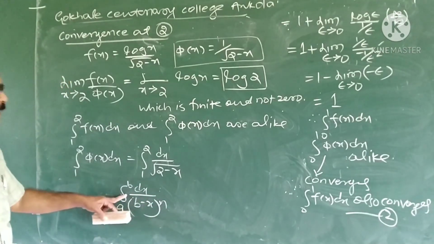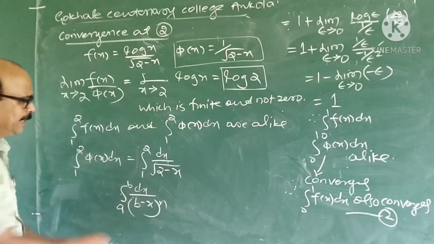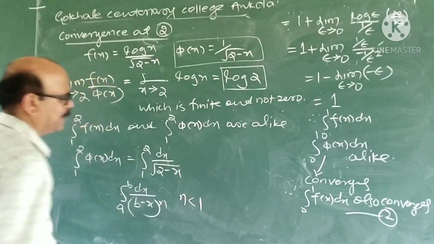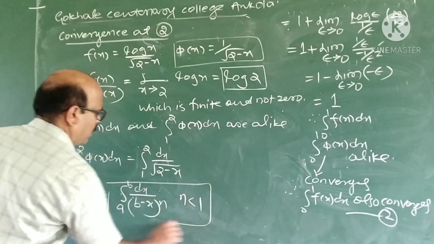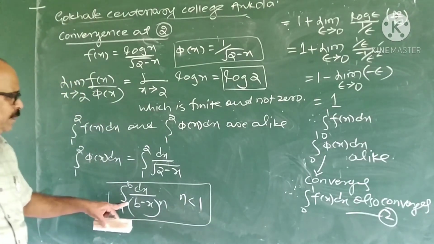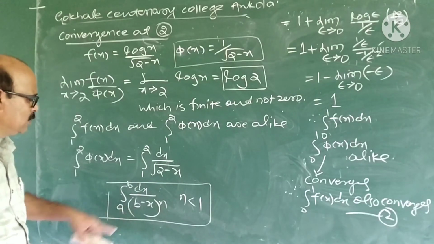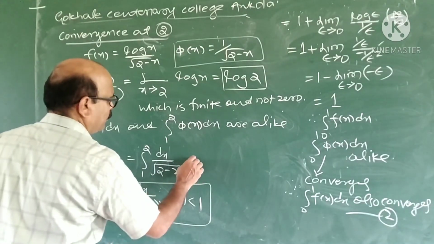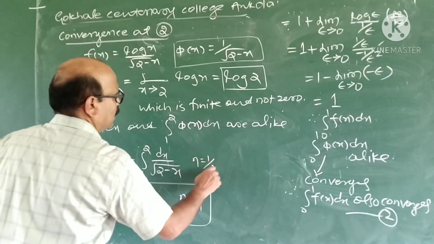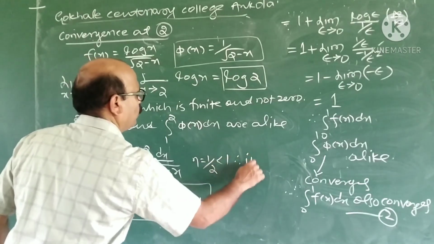And this is the standard integral. We have proved that it converges when n is less than 1. So we apply this result here. It is exactly of the form a to b, (b minus x) raised to n. What is n here? n is half, less than 1, therefore it converges.